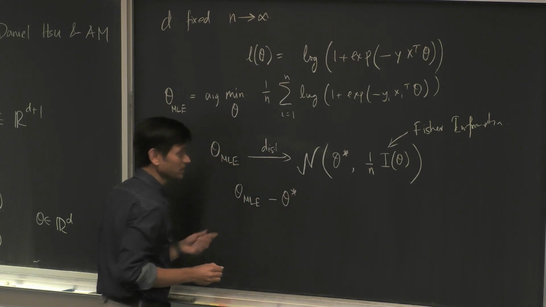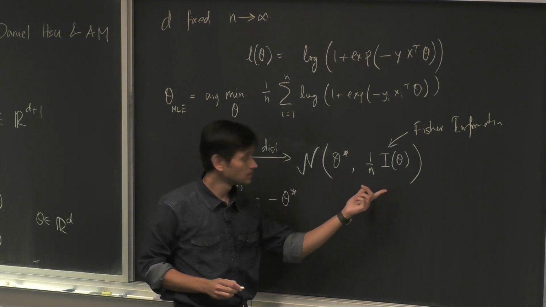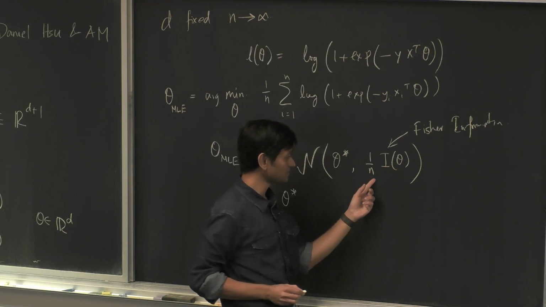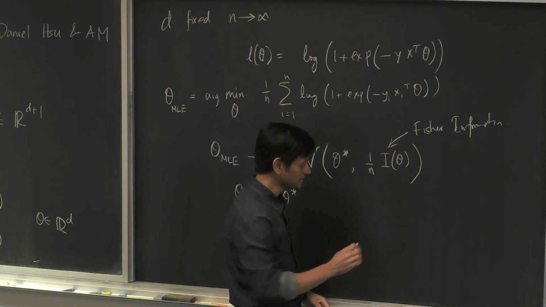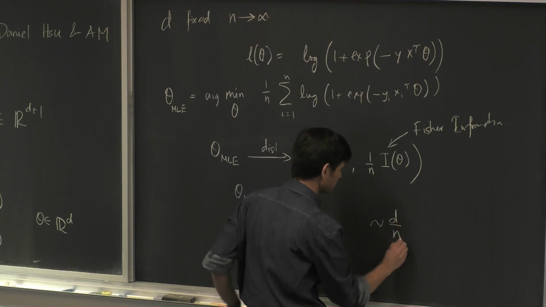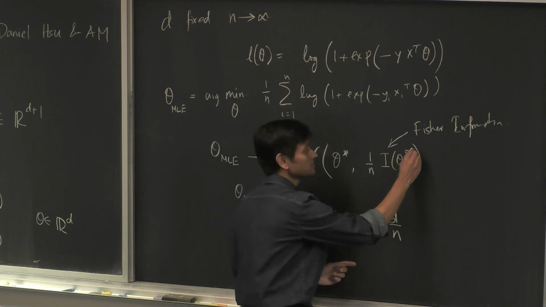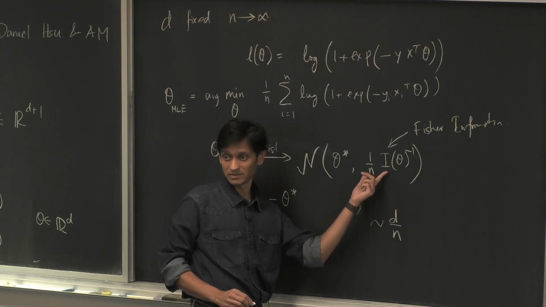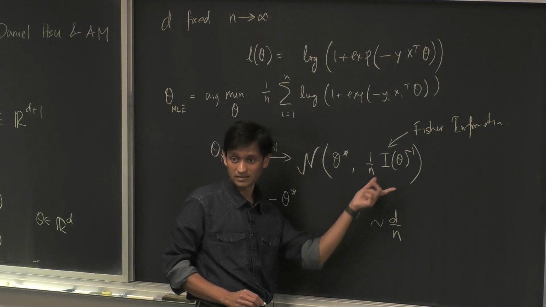Since theta is d-dimensional, barring other constant terms that depend on the logistic function, the variance is going to be proportional to d over n. It is the inverse of the n-sample Fisher information matrix, and the samples are IID. That's why the variance is reduced by n and it's d-dimensional.